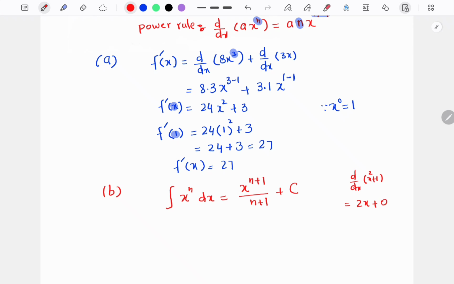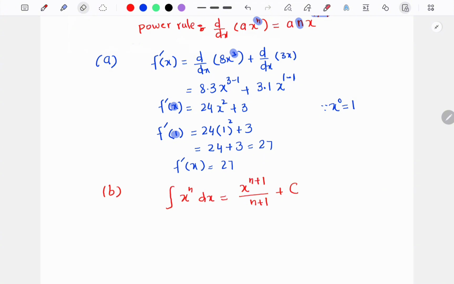It means when we differentiate any function, we place 0 in place of the constant, because the differentiation of a constant is 0. So as you know, integration is the reverse of differentiation.